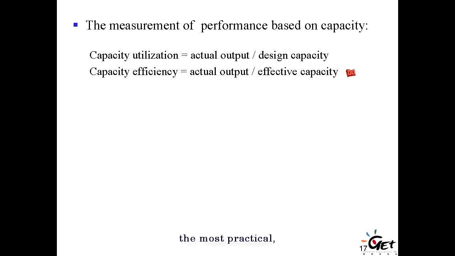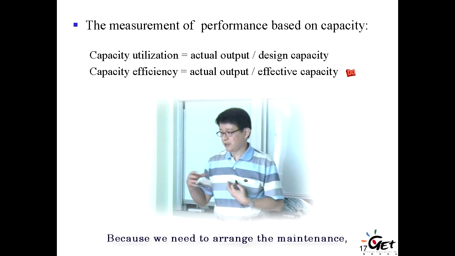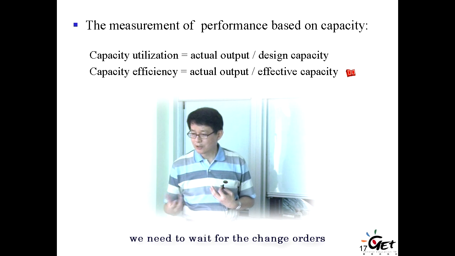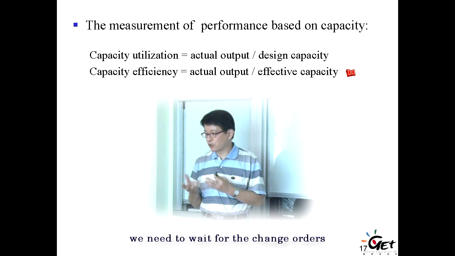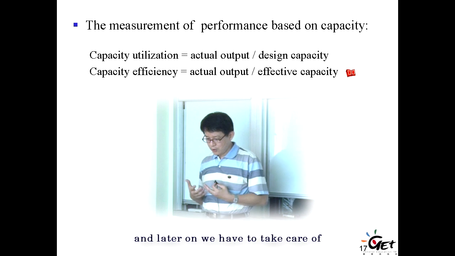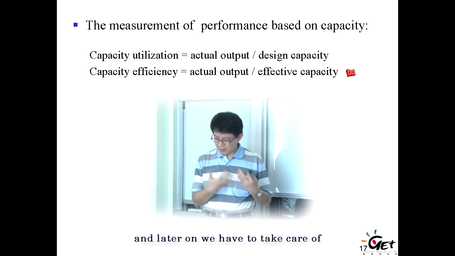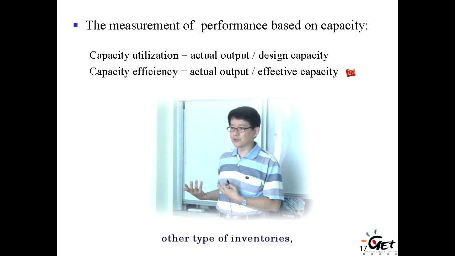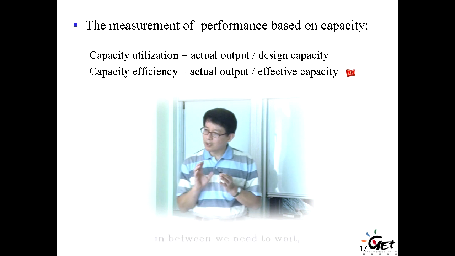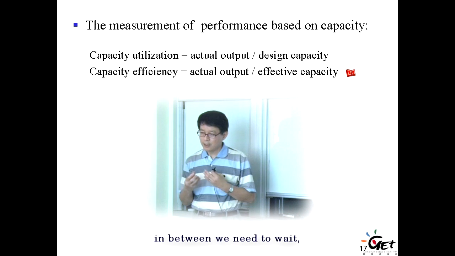The most practical, most possible outputs as our denominator here. We call this effective capacity, right? Because we need to arrange the maintenance, right? We need to wait for the changeover. Now we handle this type of products, and then we have to take care of other types of inventories, other types of work, and in between we need to wait.